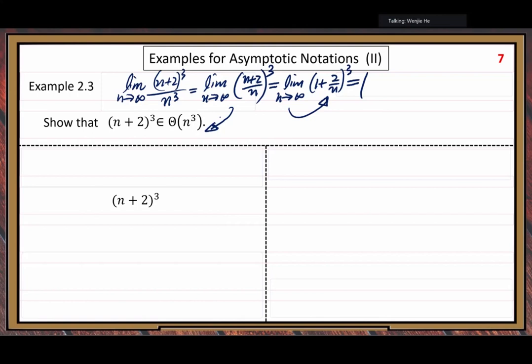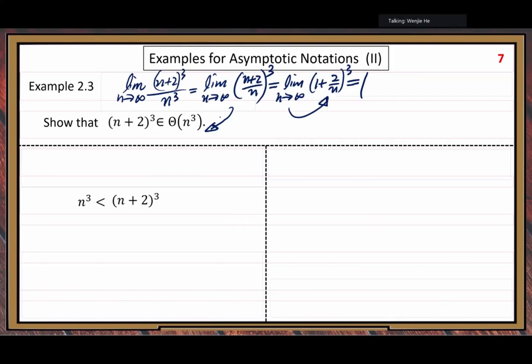Can you see, even with the cube, because the parenthesis part is greater than n, we raise both sides to the cube. Because they are non-negative numbers, raising to the cube still preserves the inequality.